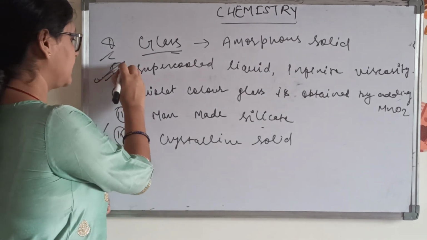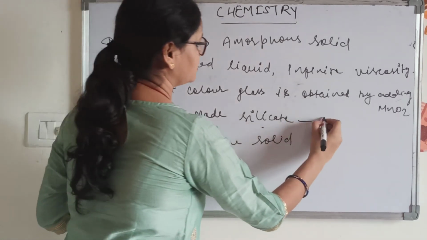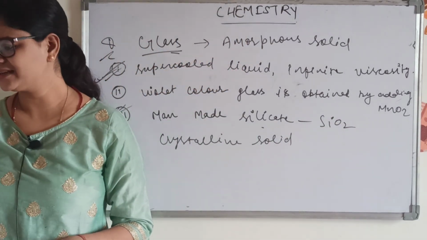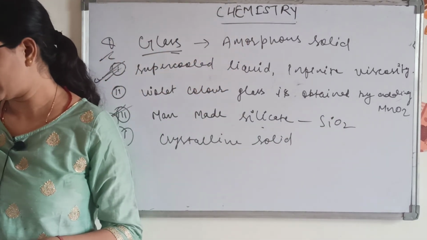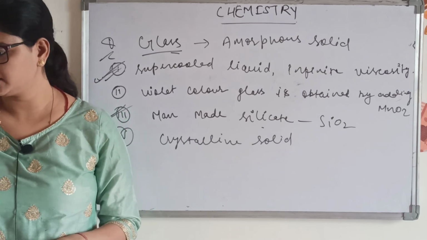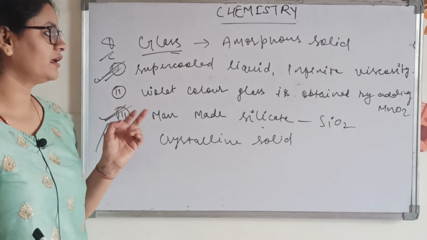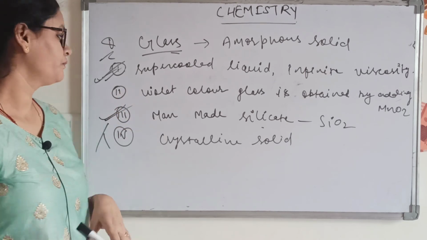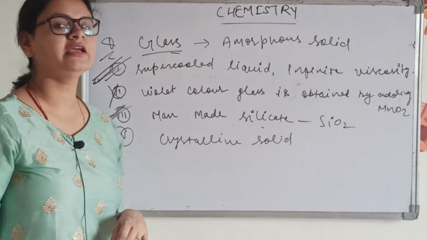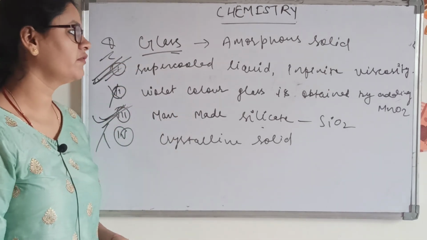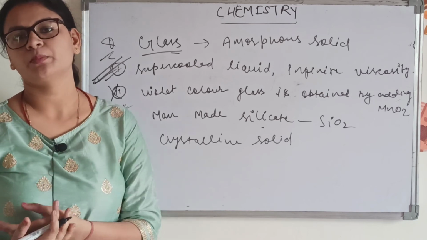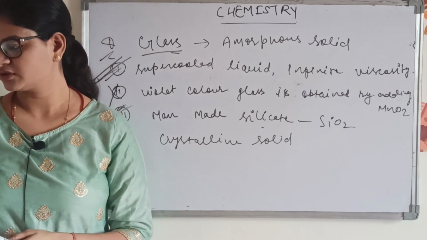So this option is correct. It is a man-made silicate because it is obtained from silica, that is SiO2. Violet color glass being obtained by adding MnO2 is not correct. So only the first and third options are correct: it is a supercooled liquid with infinite viscosity, and a man-made silicate obtained from SiO2. So this is our answer.